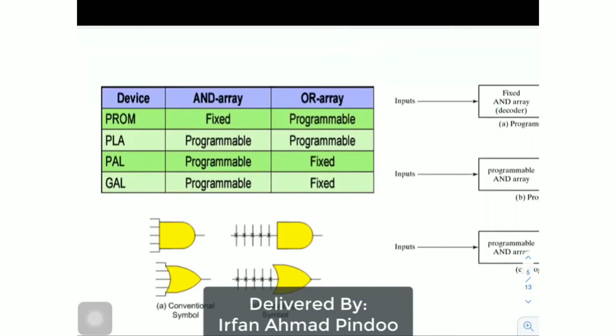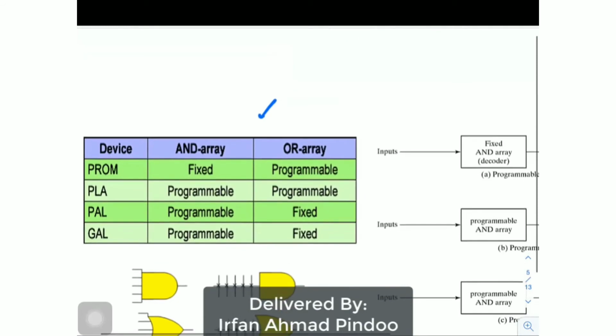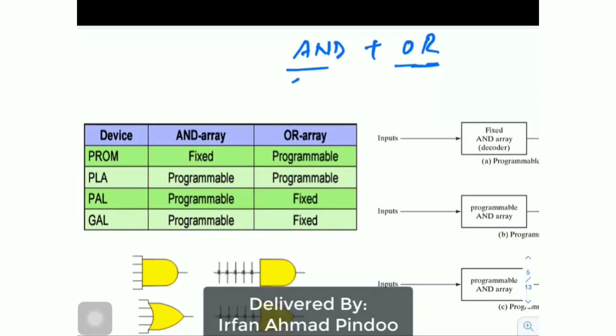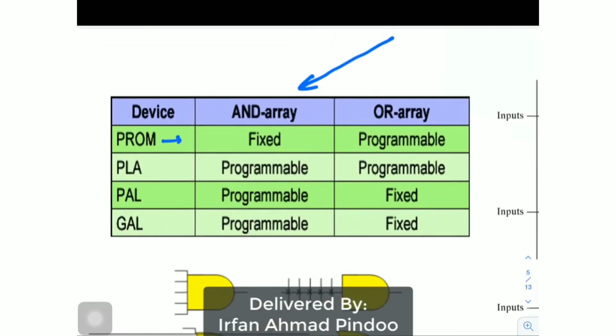Now see this table. As I said, programmable logic devices are nothing but an array of AND gates plus OR gates. This table will give you an idea of which of the arrays would be programmable. If we look at the PROM, the AND array is fixed only, you cannot program it, while the OR array can be programmed.